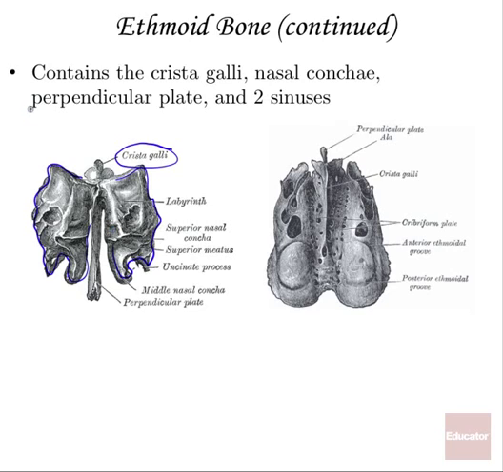The perpendicular plate is in the very middle of the ethmoid, protruding down. This is that bony septum, the majority of it, straight back through here. And there's also two ethmoid sinuses, two cavities within this bone that help drain out that nasal cavity.